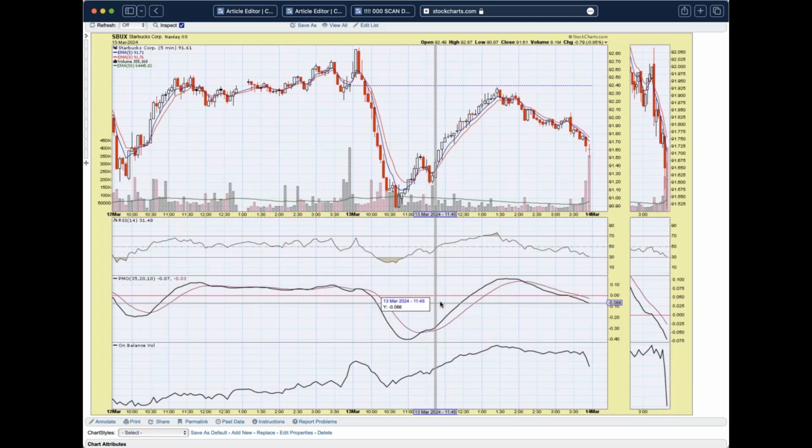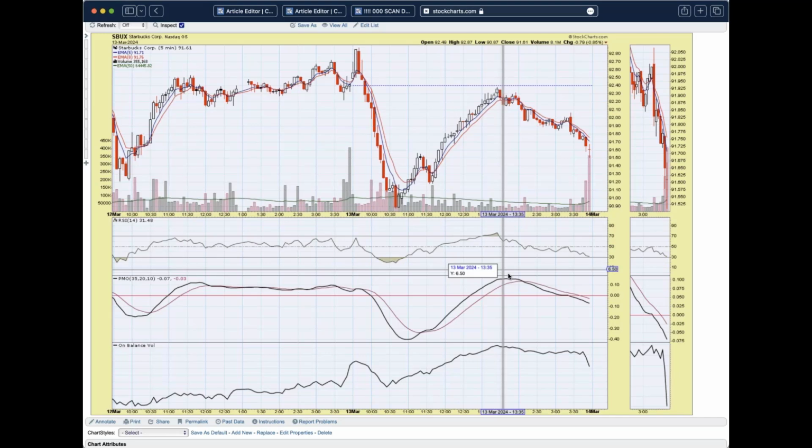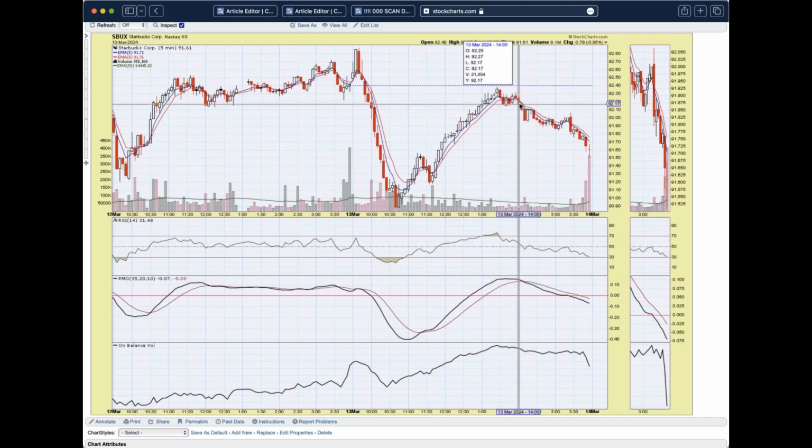So the prior buy point came in back here. So we're looking at about 91.70. And then back here where the PMO turned, let's say it came down about here, that would have gotten you out at about 92.17. So you would have ended up with a pretty good day trade.